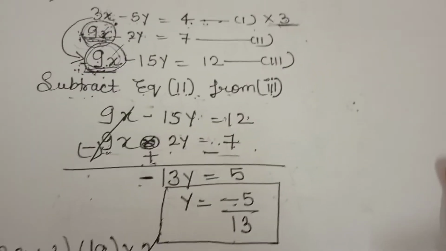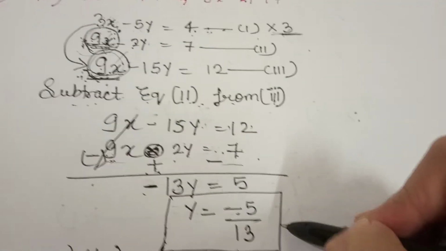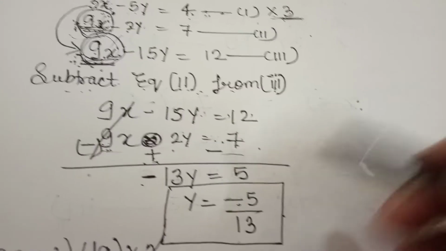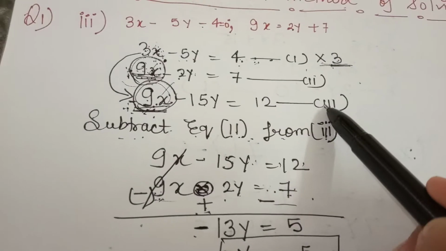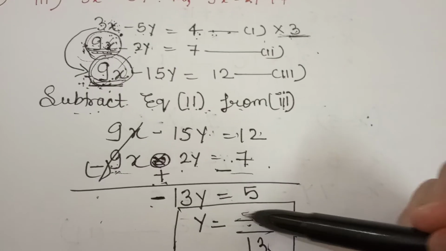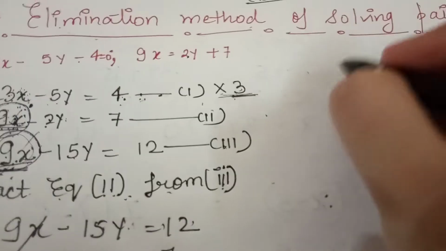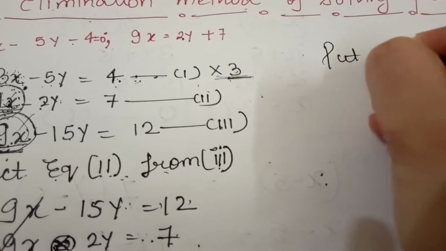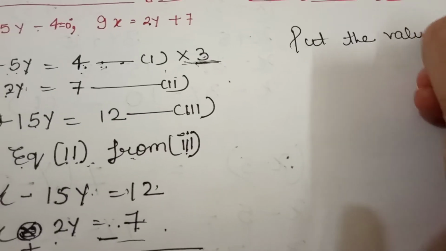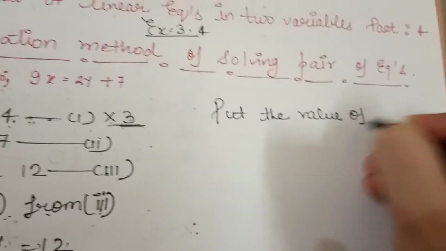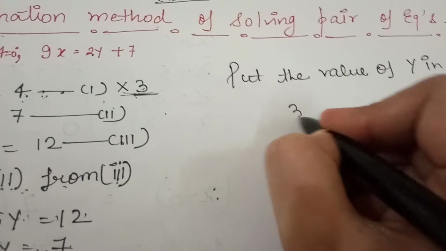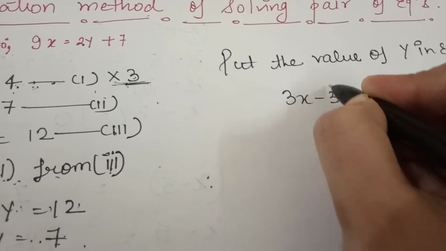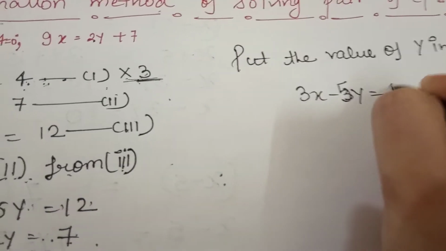So x value is left. Now you have got the value of variable y. Now the third step is that you put this value of y in any equation. You have three equations, you can take any one and you can put the value of y in that equation. So I am putting the value of y in equation 1. तो क्या थी हमारी इक्वेशन 1? 3x minus 5y equal to 4.